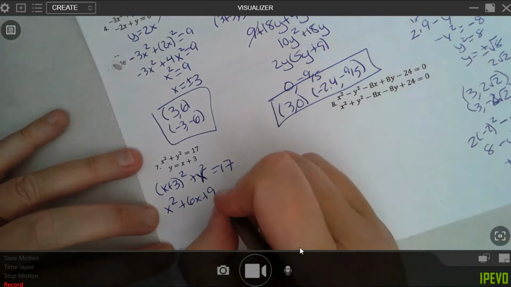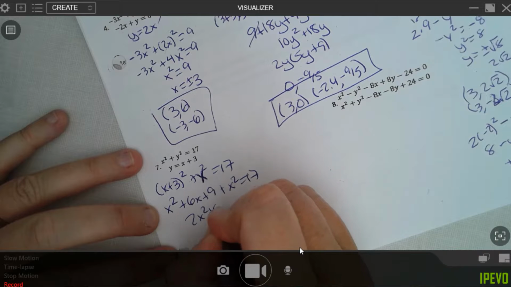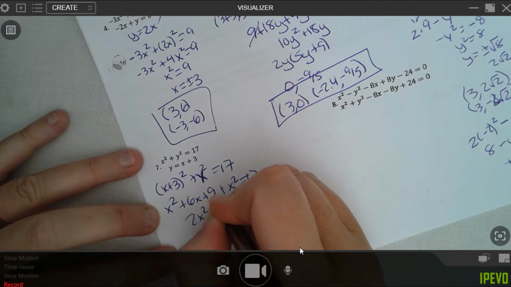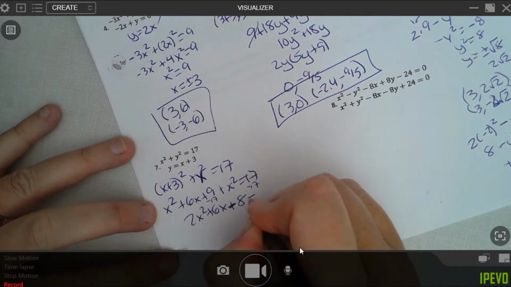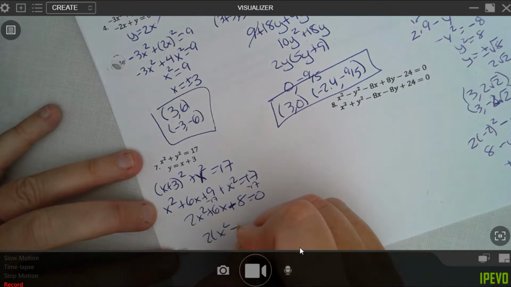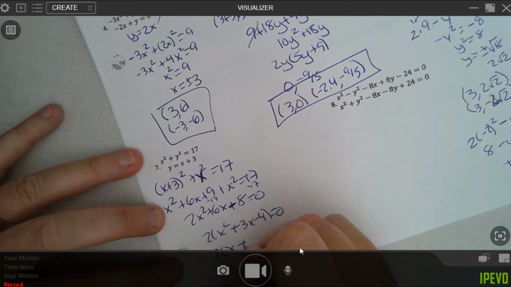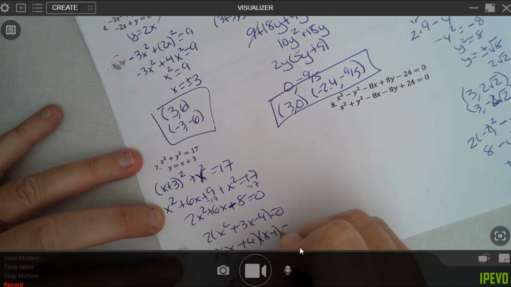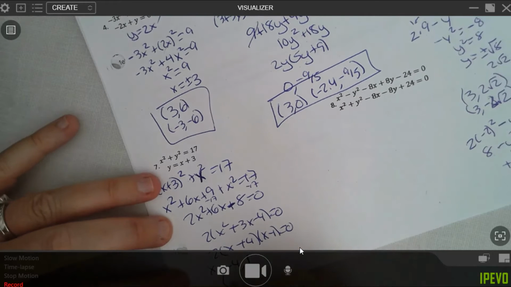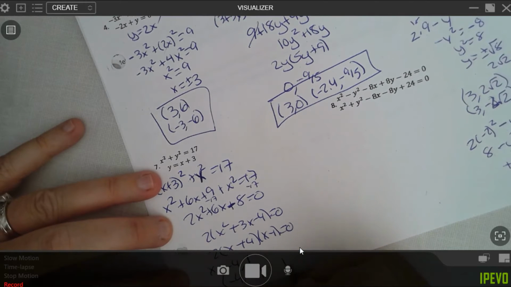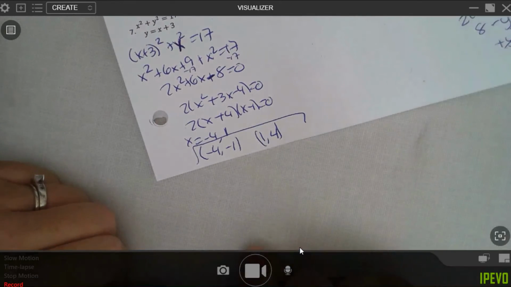Whatever, it's the same thing though, sorry. So your answers should have been negative 4 and negative 1.